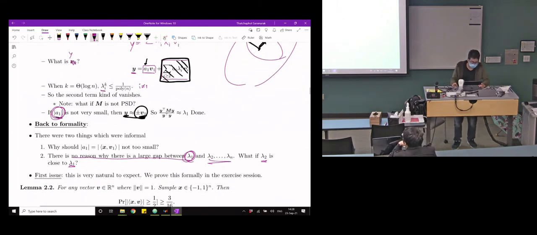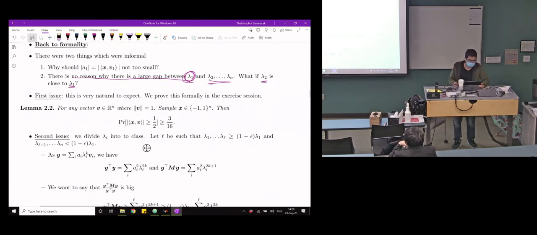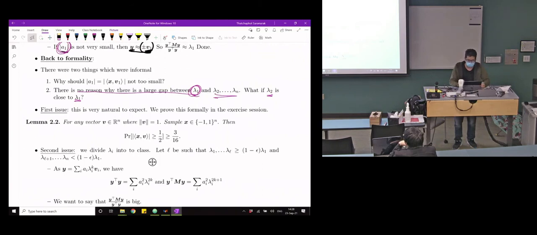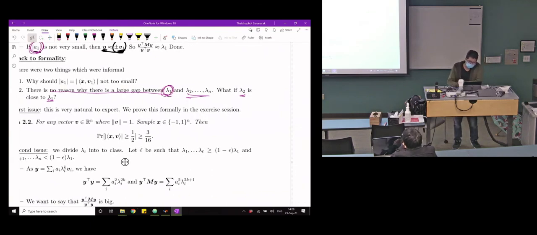Okay. So for the first issue, this is quite natural to expect actually, and I will prove this maybe in the exercise session. But the point is, imagine that you have a random vector v, any vector v, right?